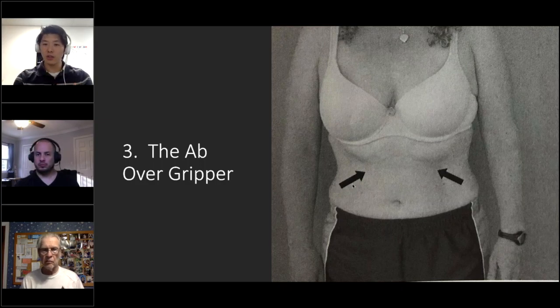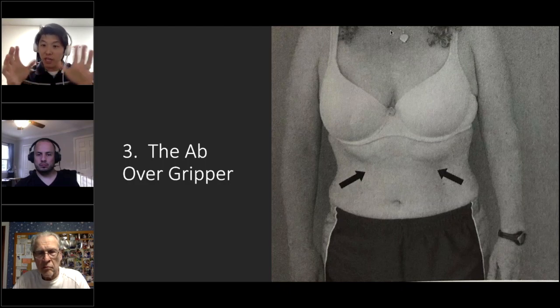If you take a look at the lady here, and you can see the black arrow, the rib bone is around this area, and you can see how it's kind of caved in. I'm drawing right here. You can see how the abdominals are caved inwards.